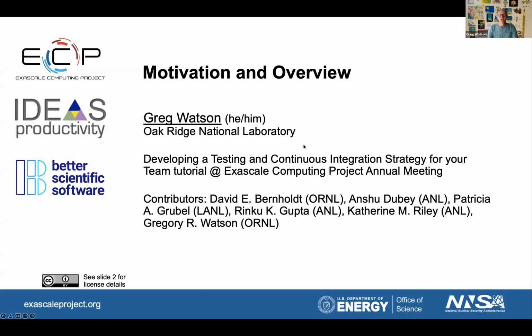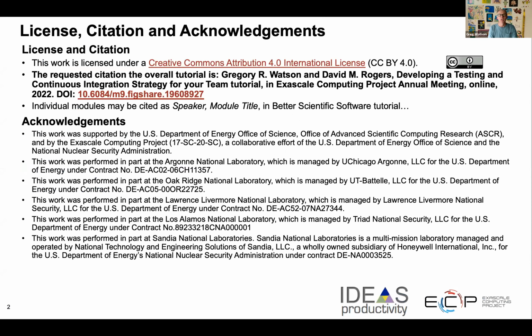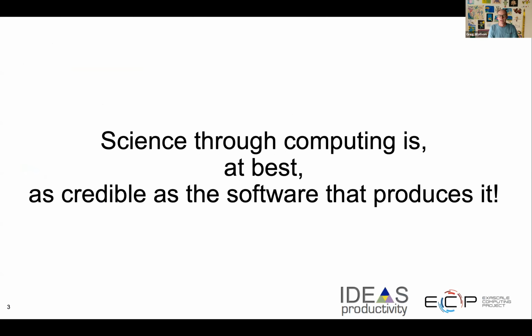Okay. So now I want to briefly talk about some background, and I'll give you an overview of what we're planning to do and some motivation behind this tutorial. Our guiding principle is that science now is predicated primarily on computing, and what you can achieve through science is at best as credible as the software that produces it.